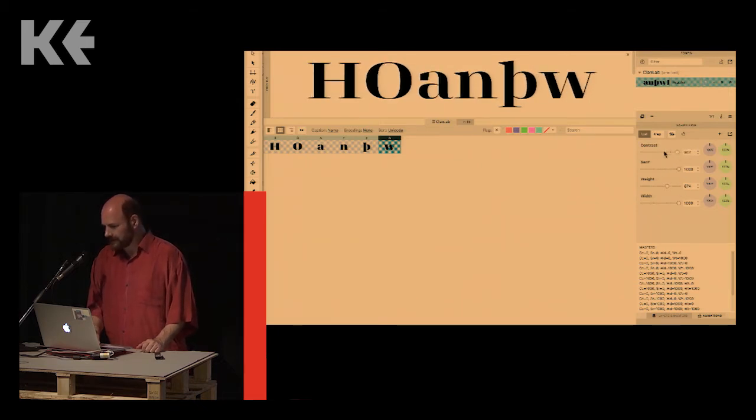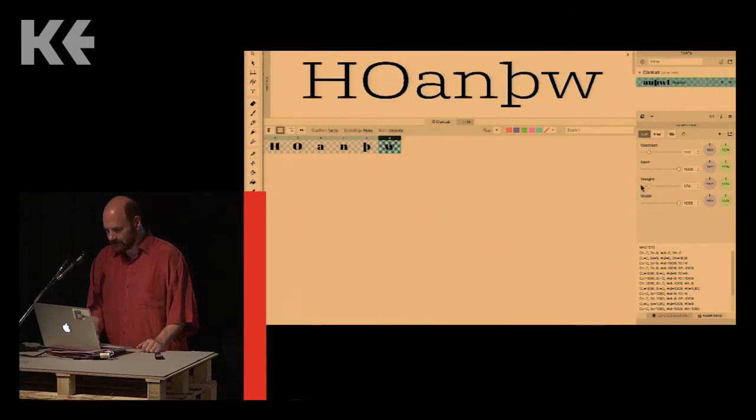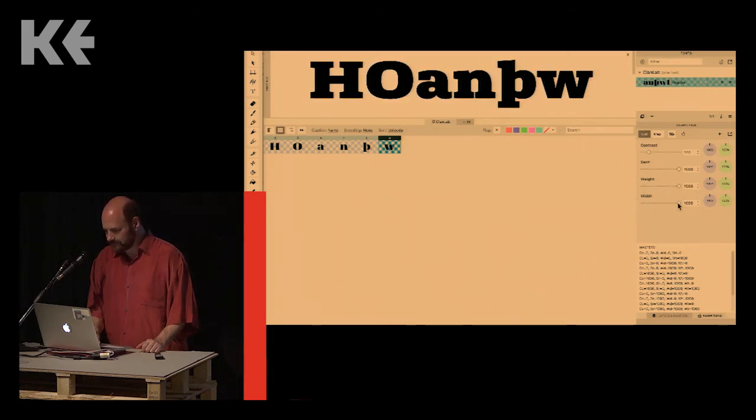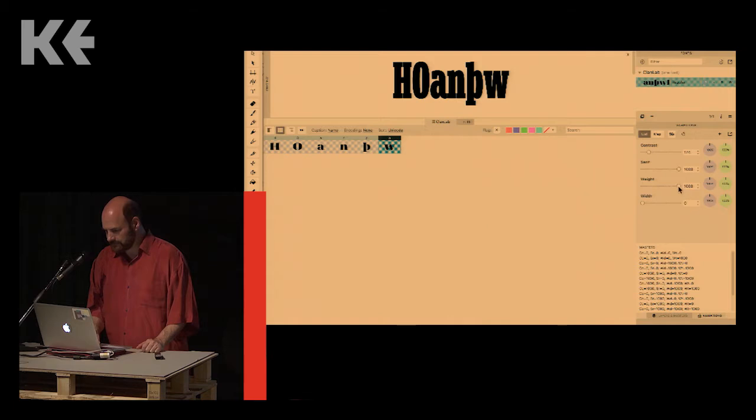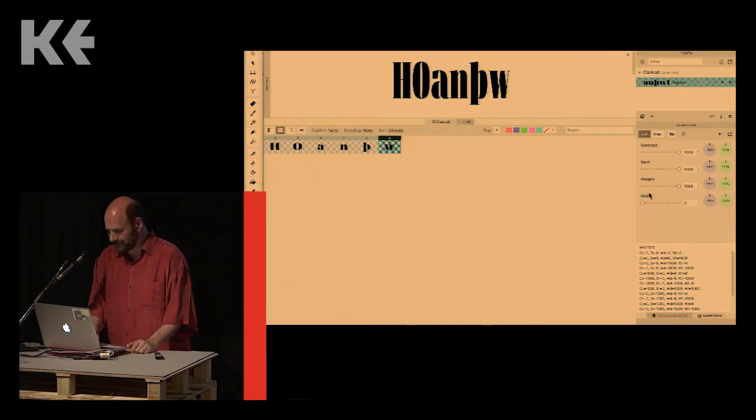And as it gets thinner, the style of those serifs changes with the contrast. Or width. And all these things interact. And I could play with this for a while, because obviously the possibilities are nearly endless.